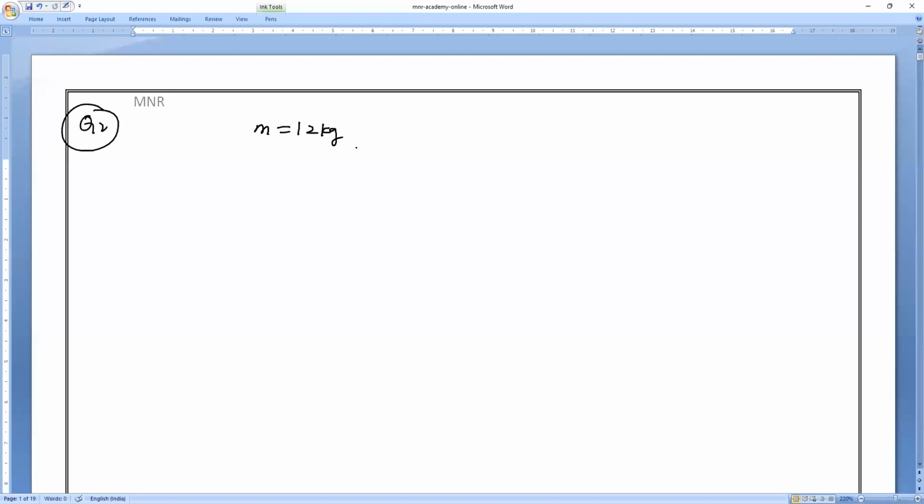If the potential energy of the object is 1500 joules, calculate the height of the object above the ground.